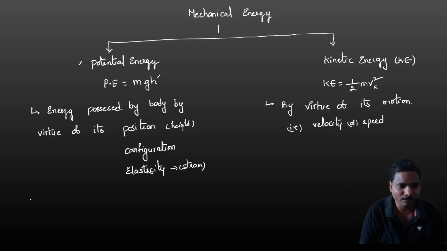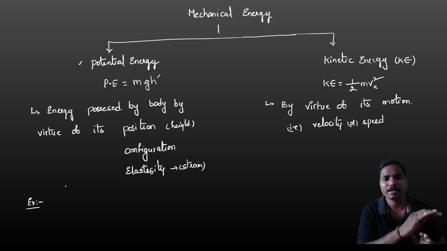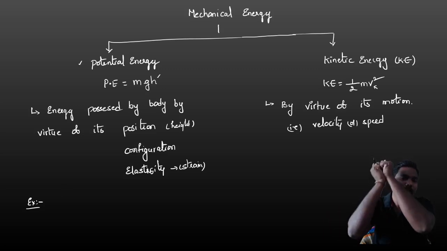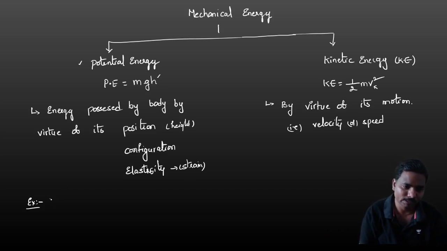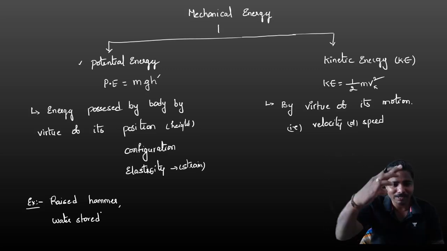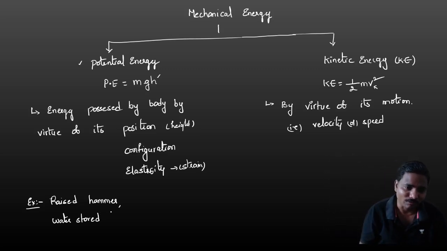Here, examples of potential energy: for example, if the hammer is on the surface, it doesn't have energy. If you raise it, it has the energy now. So raised hammer. Water stored in a reservoir: if you store the water, the water level may be at some height, and due to that water level it has the energy.